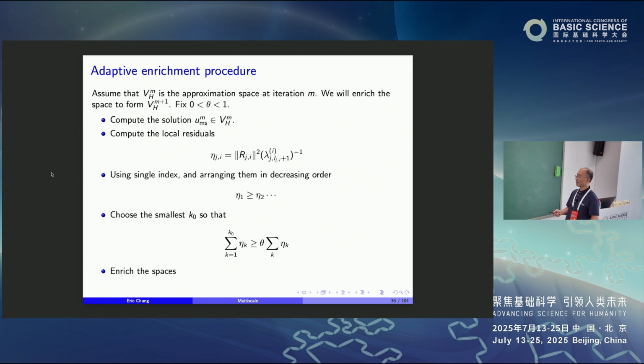And once you have an approximate solution, you can compute the local residuals, and then you try to find out which part has larger residuals. For those residuals that are large, you basically enrich the approximation space and then perform the same step again.